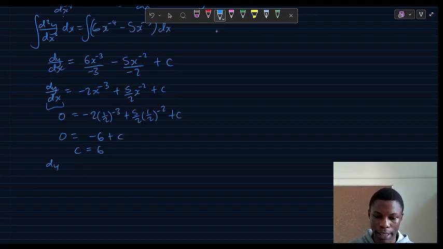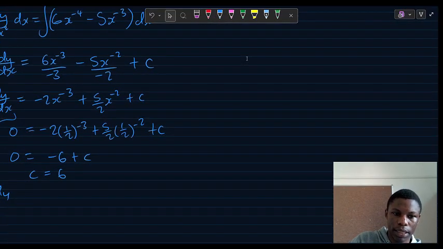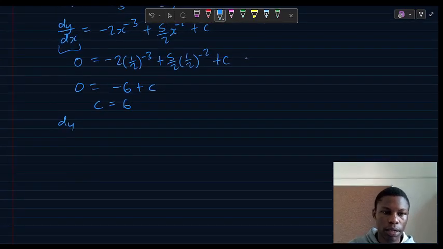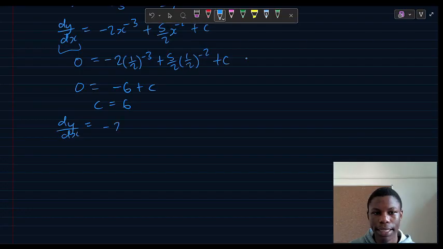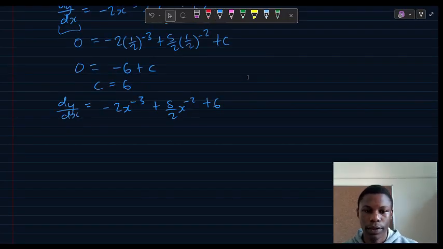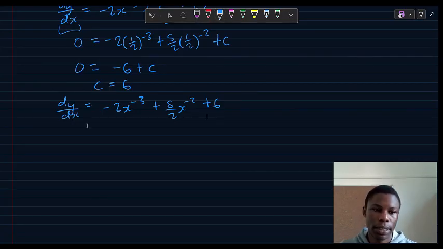And so we have that our dy dx is equal to negative 2x to the negative 3 plus 5 over 2 x to the negative 2 plus 6. All right. And now that we've evaluated the constant, we can now integrate both sides so that we can get our equation of the curve.